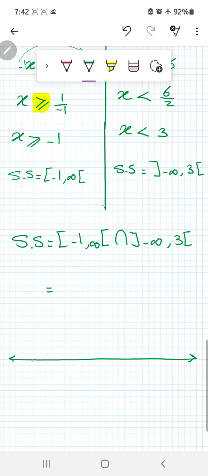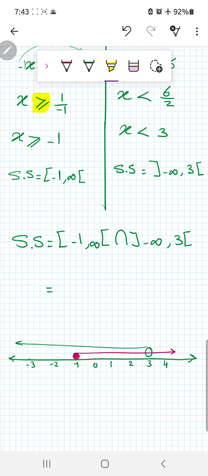Here we have negative 3, negative 2, negative 1, 0, 1, 2, 3, 4. From 3 open to negative infinity, and from negative 1 closed to infinity.